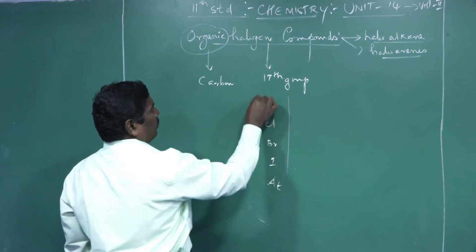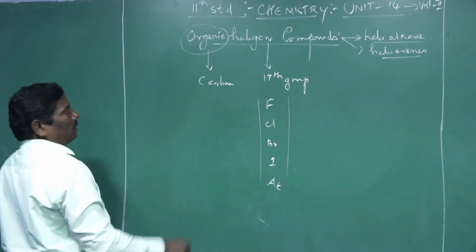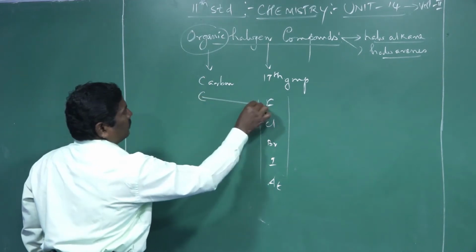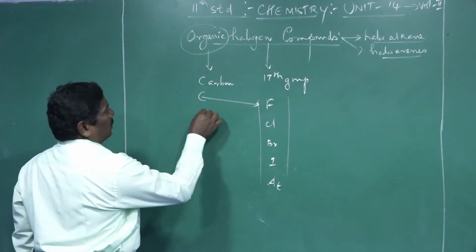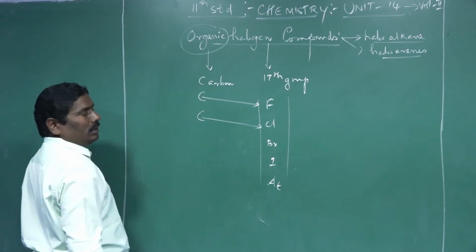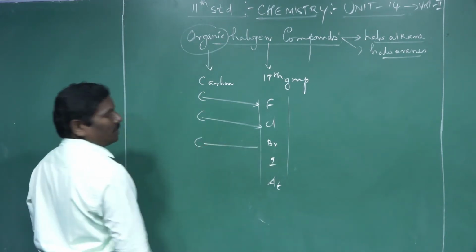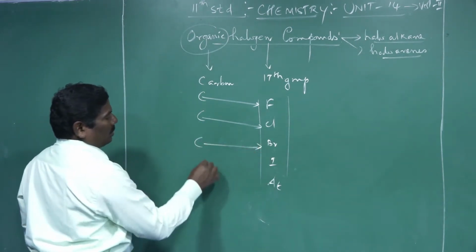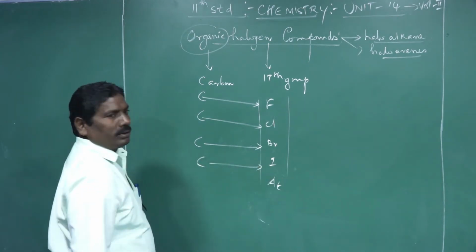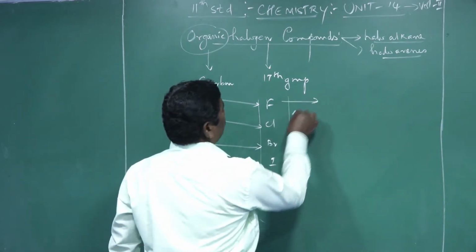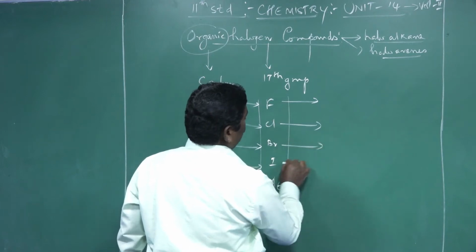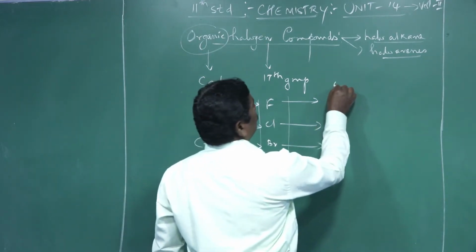When carbon is directly attached to fluorine, chlorine, bromine, or iodine, these all produce organic halogen compounds.